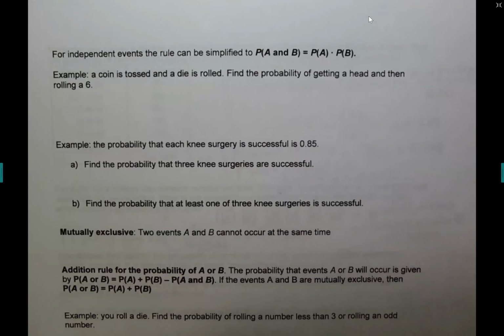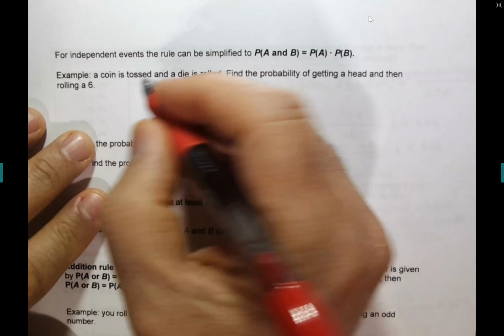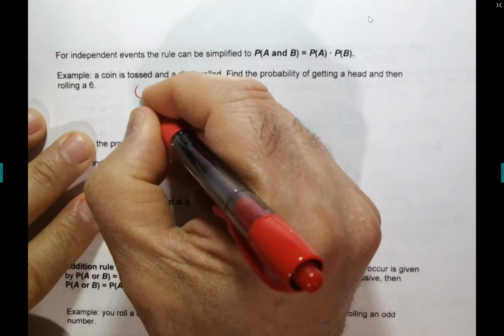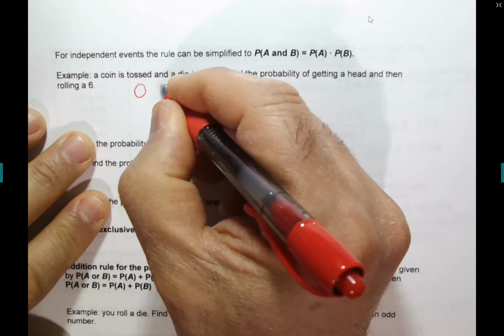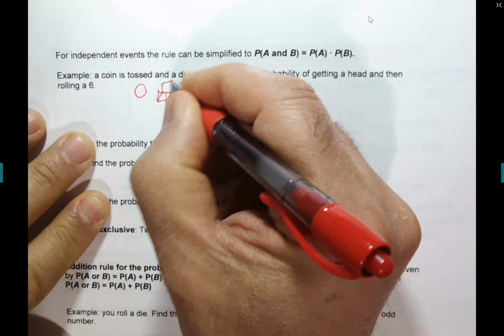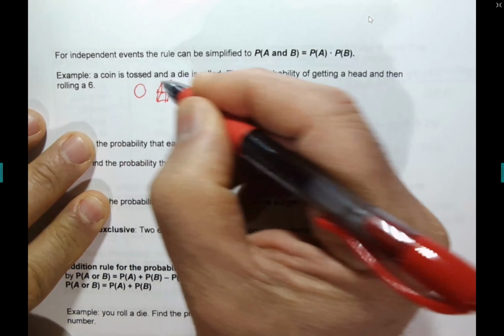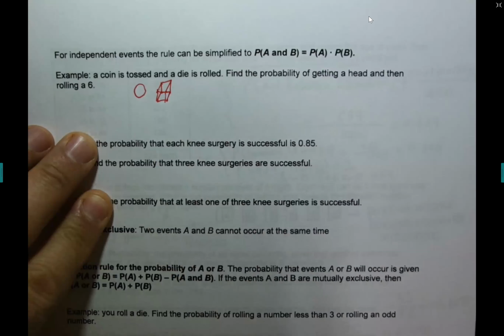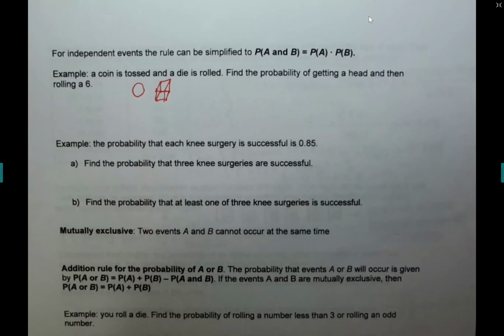We toss a dime and a die is rolled. Find the probability of getting a head and then rolling a 6. Okay, so this is the first event. That's the second one. Okay, and this is the die. Okay, let's list all the outcomes, guys. We did that on Monday.